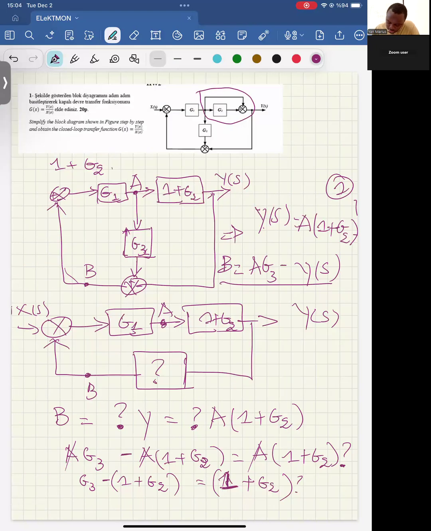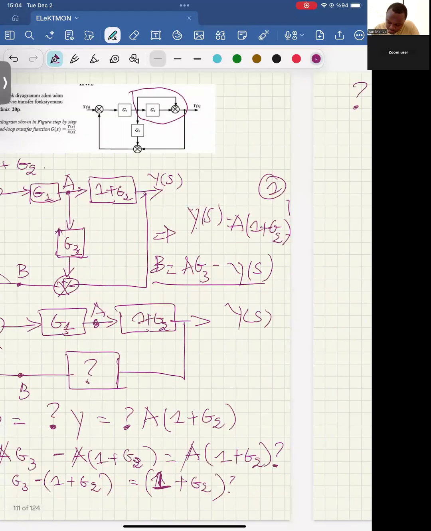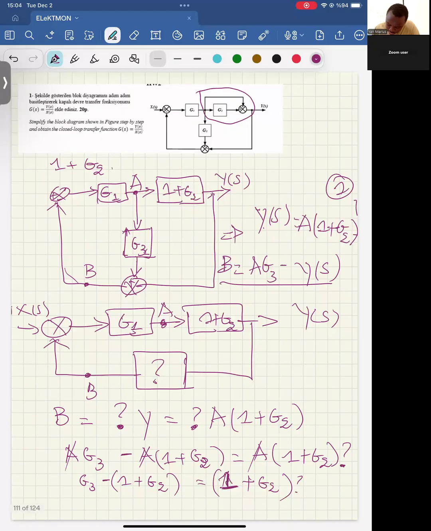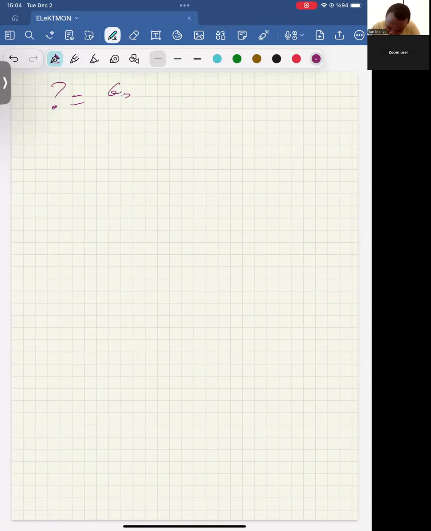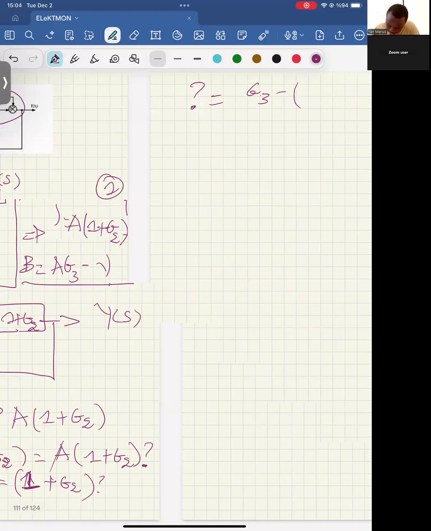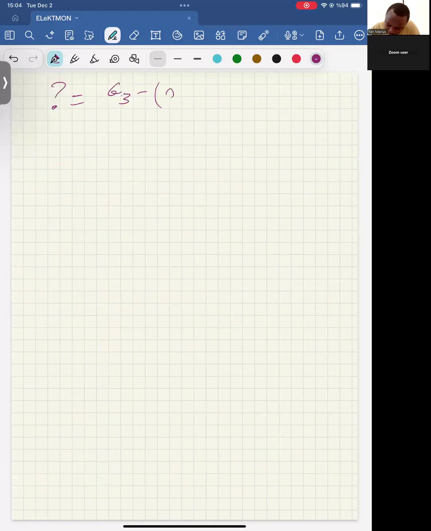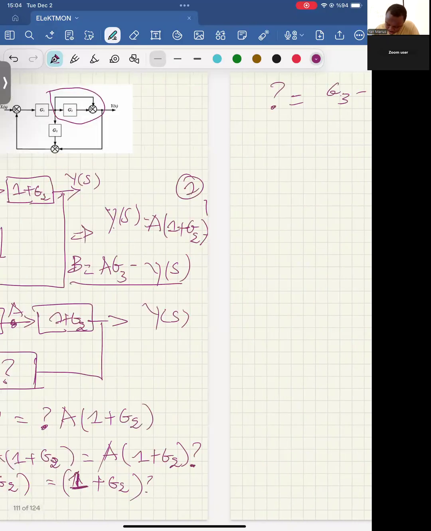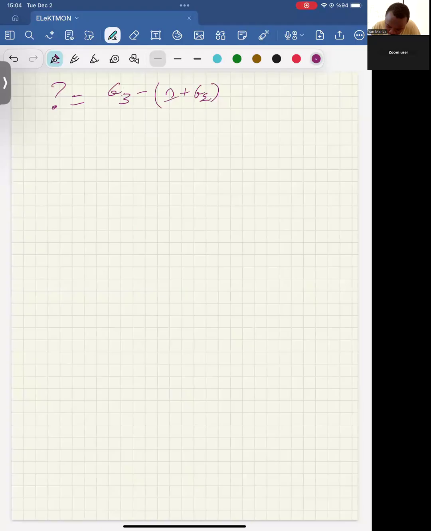It is going to be G3 minus 1 plus G2, divided by 1 plus G2.